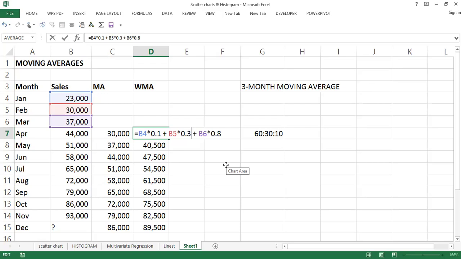Can say 0.8, 0.15. What will this one be? 0. What? 0.05.